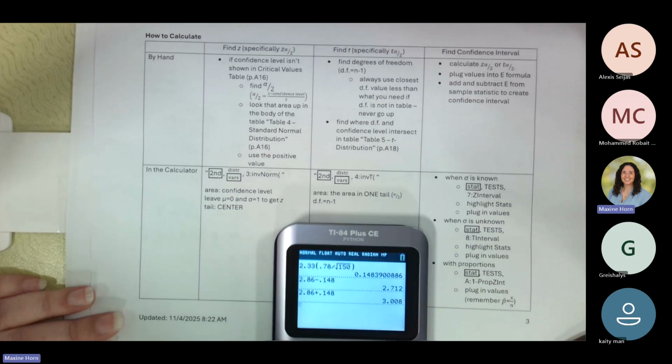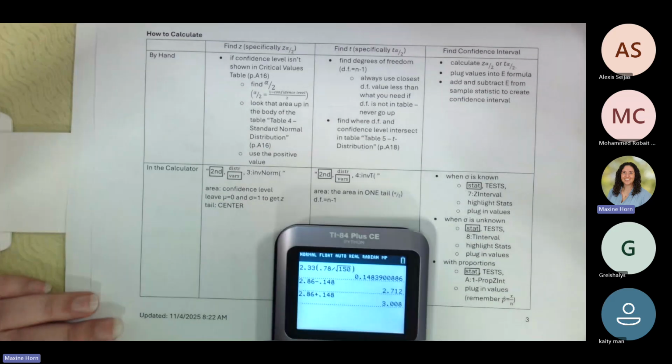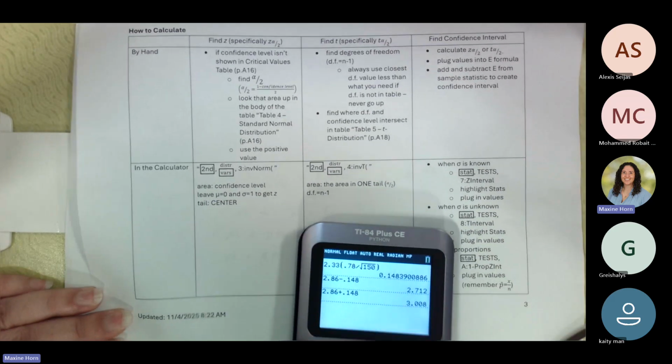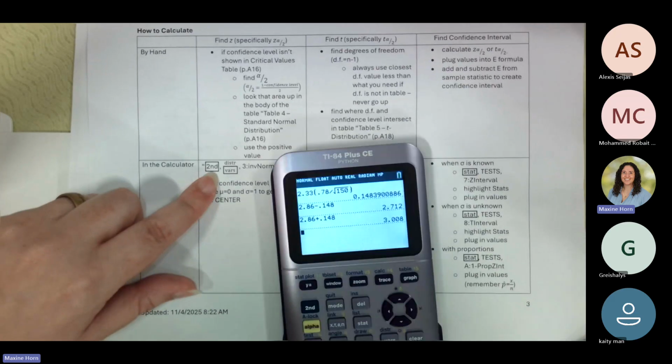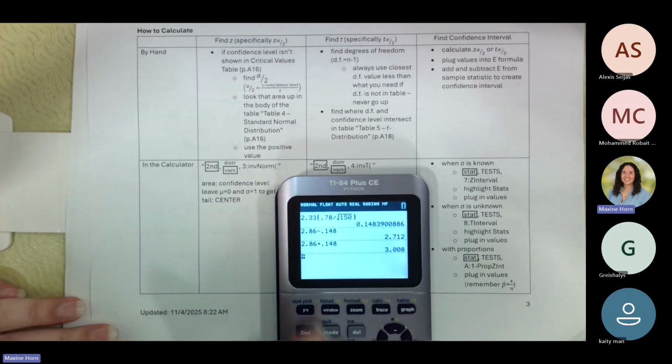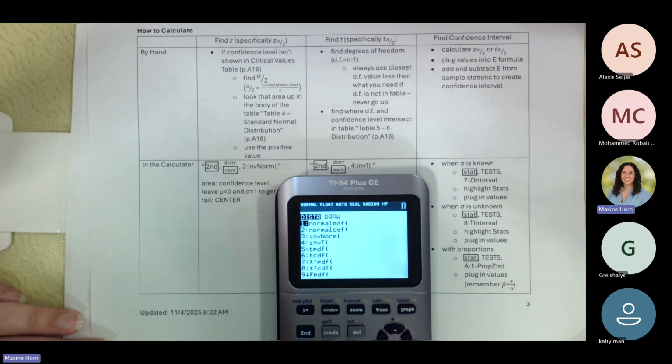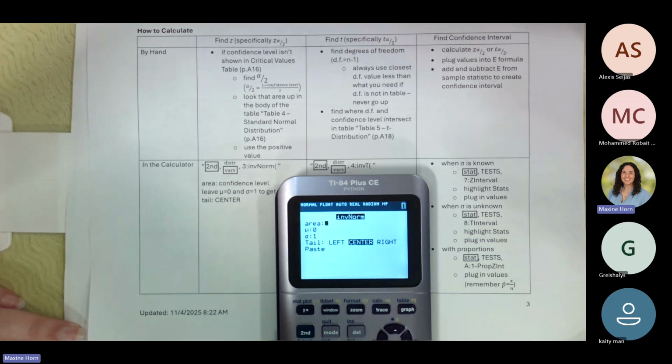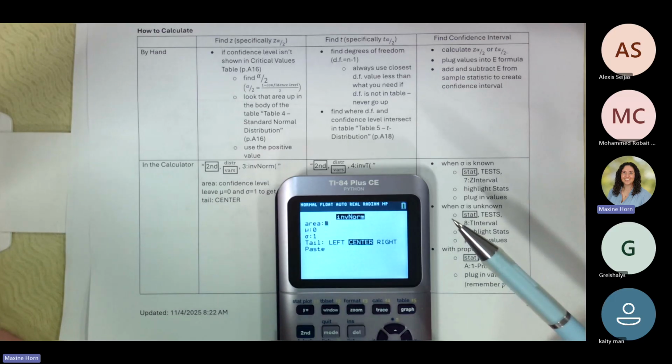Okay, we have a 98% confidence level, right? What we're going to do is go to second vars, which is the distribution, and we're going to go down to inverse norm, number 3. Inverse norm is what you use when you have an area and you want to find either a z-score or an x value.